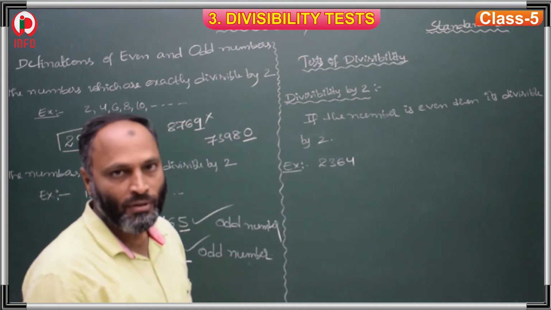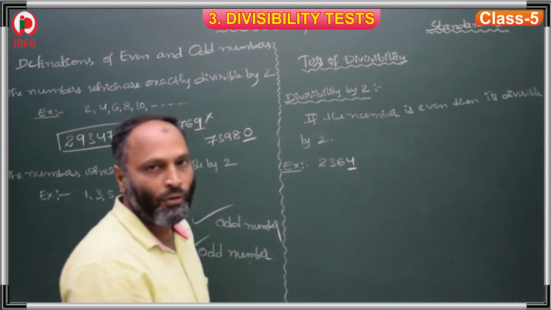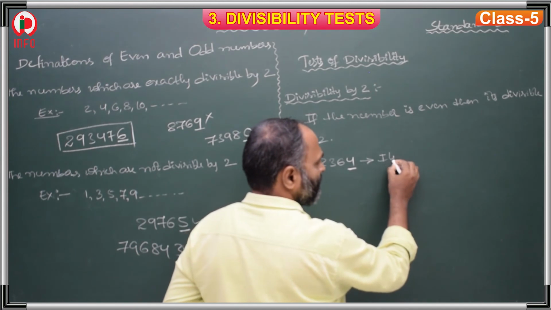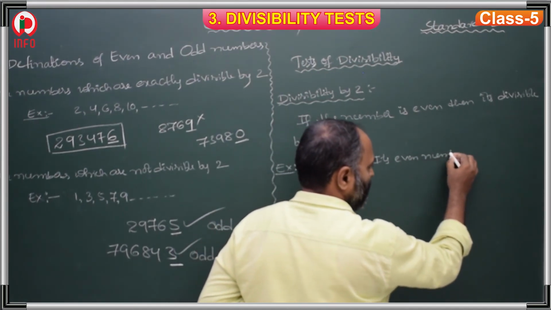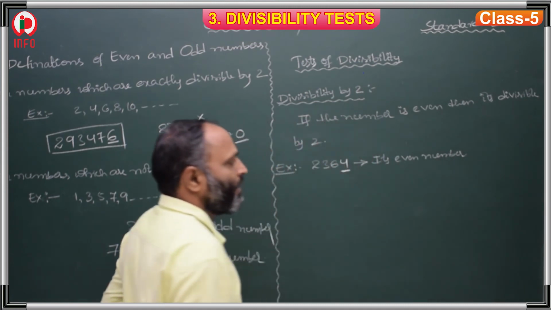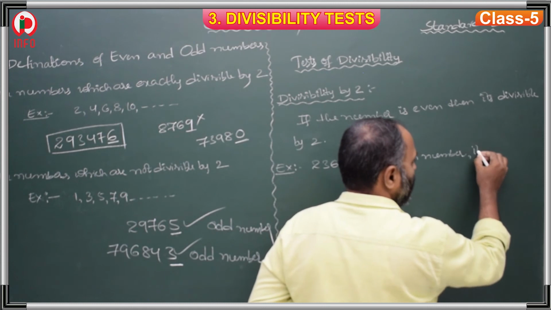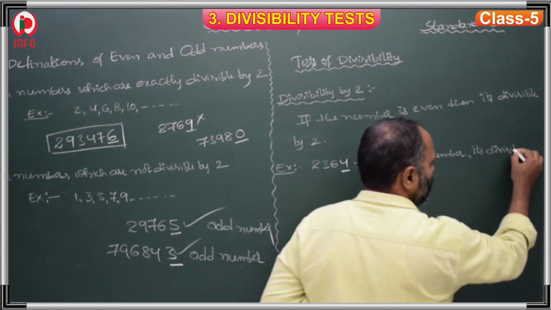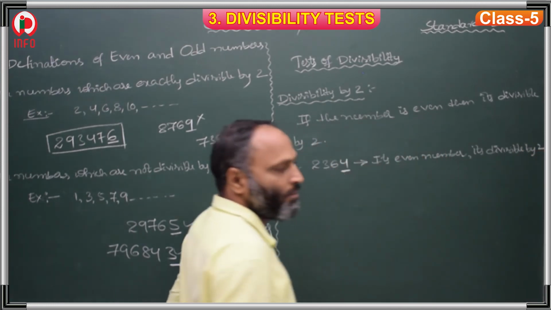The last place value is 4. So it is an even number. It is even, so it is divisible by 2.